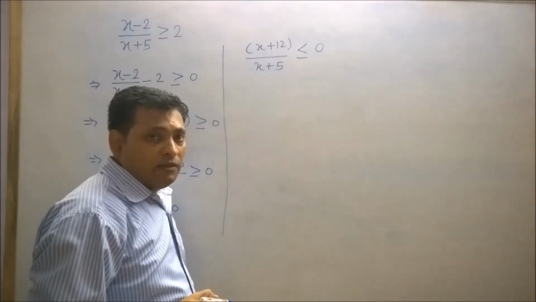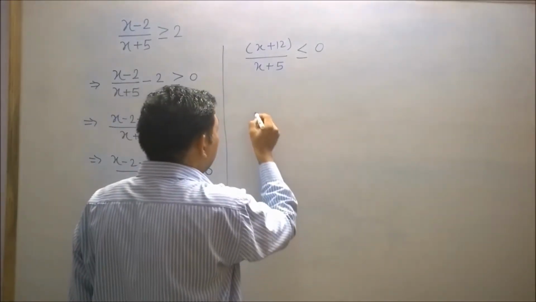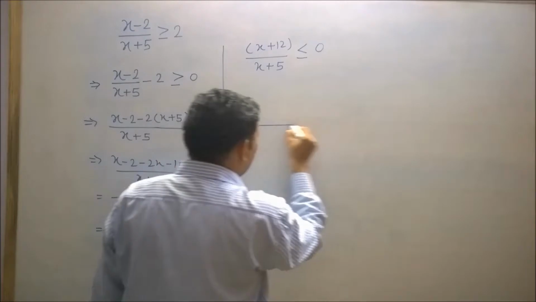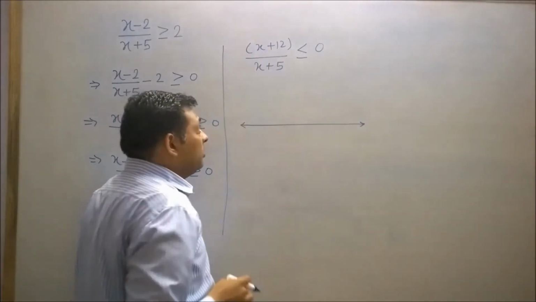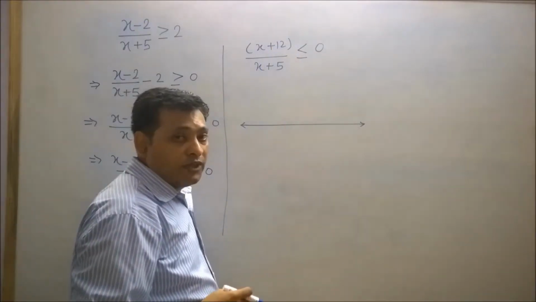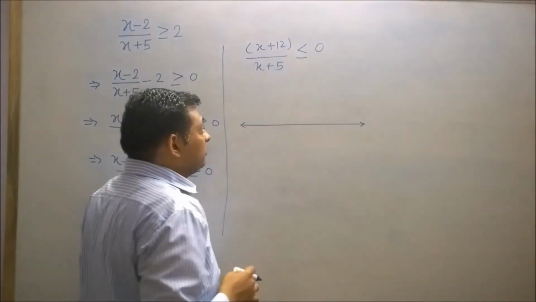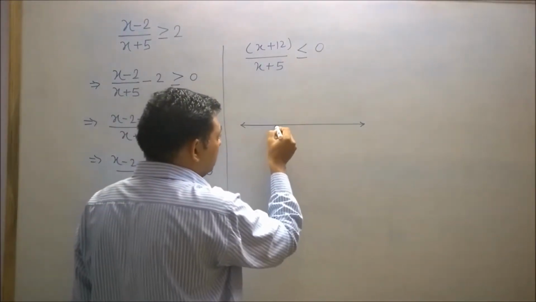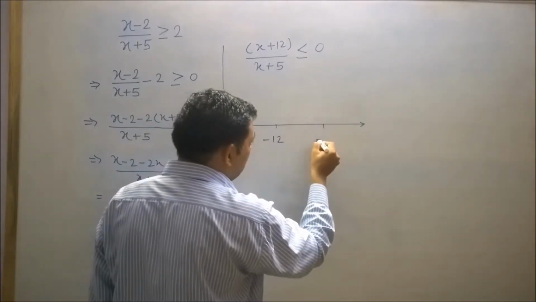Now applying the wavy curve method to find the solution set of the given inequality. First of all, we will draw a number line. The critical point for this factor is -12, after equating with 0. Here the critical point is -5. Let's say this is -12 and let's say this is -5.